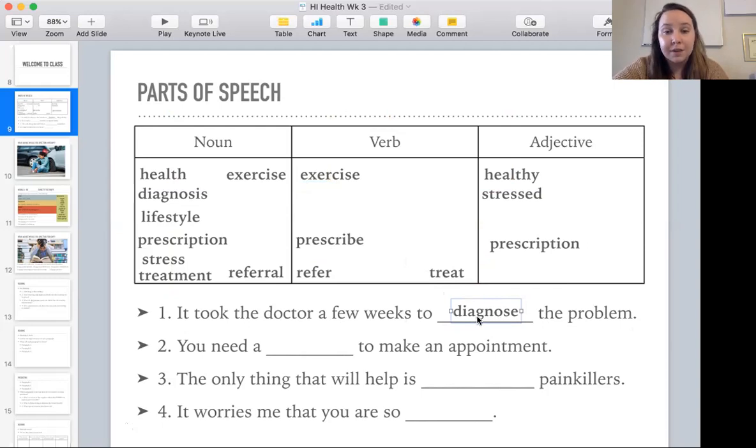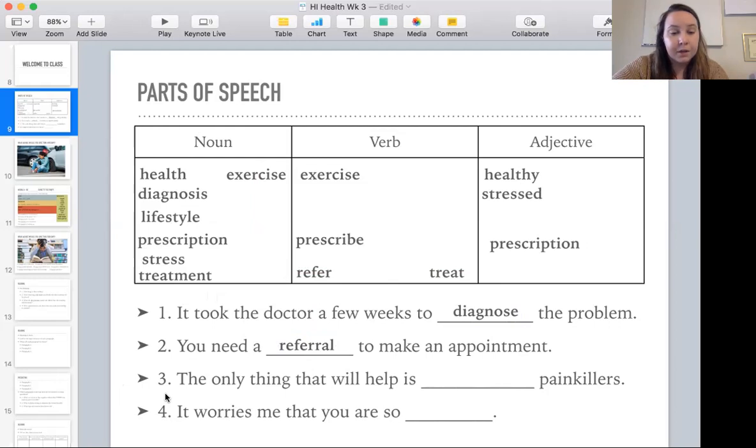Diagnose is the one that fits. Number 2, you need a blank to make an appointment. We see a, so we know it's going to be a noun. Looking at our nouns, what would you need to make an appointment? A referral. You need a referral to make an appointment.